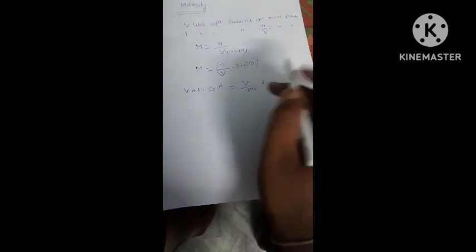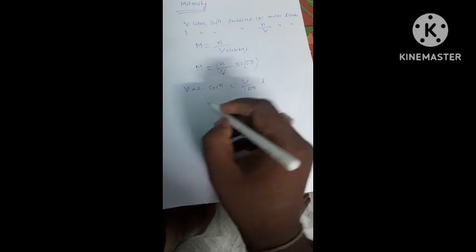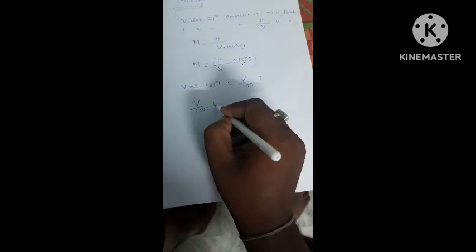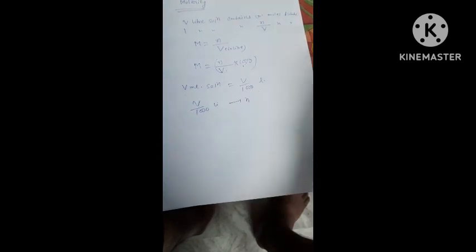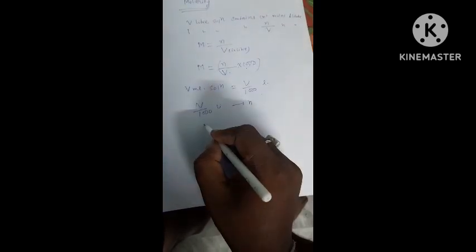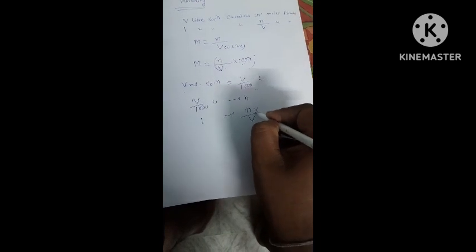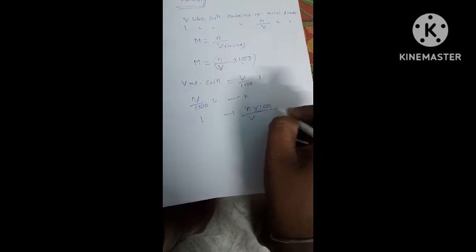Okay, so here this V ml means this is coming V by 1000 liter. Understood or not? I hope that all of you have understood this one. So V by 1000 liter, now it contains N moles of solute. So 1 liter will contain how much then? N by V divided by 1000, that means 1000 will be coming in the numerator.